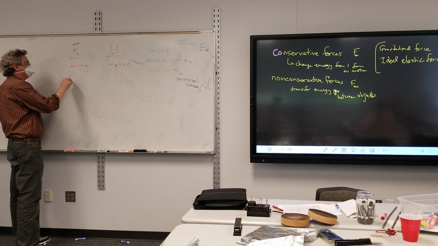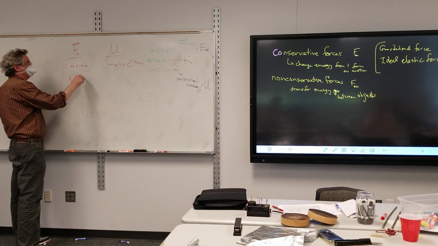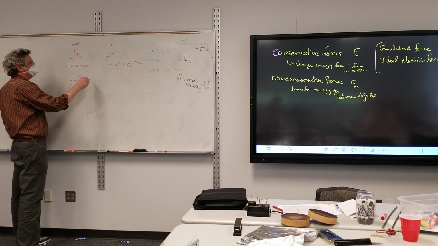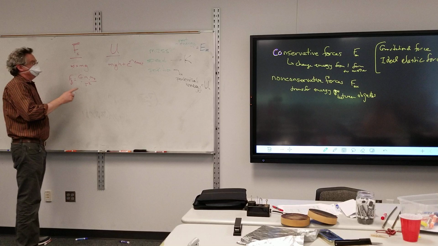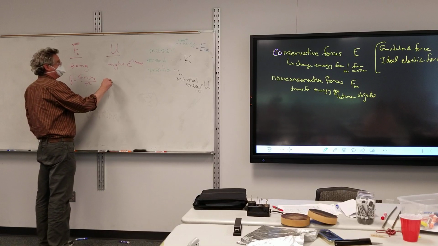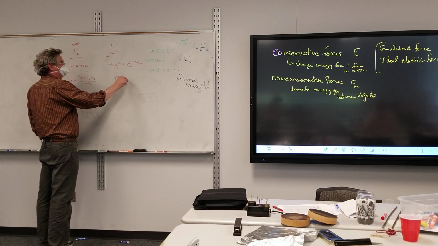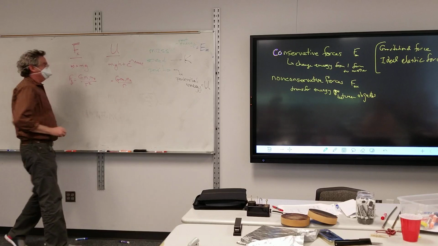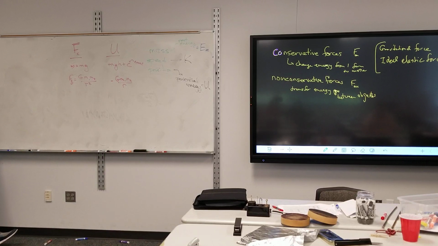If we're dealing with the generalized gravitational force formula, G m1 m2 over r squared, the potential energy formula associated with that is negative Big G, mass 1, mass 2 over r. It looks a whole lot like it except the negative sign and the r.